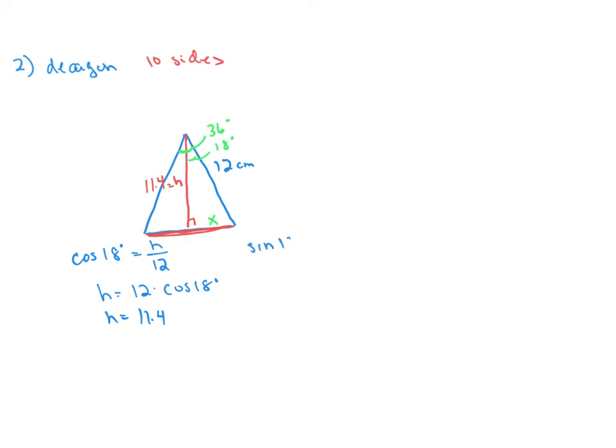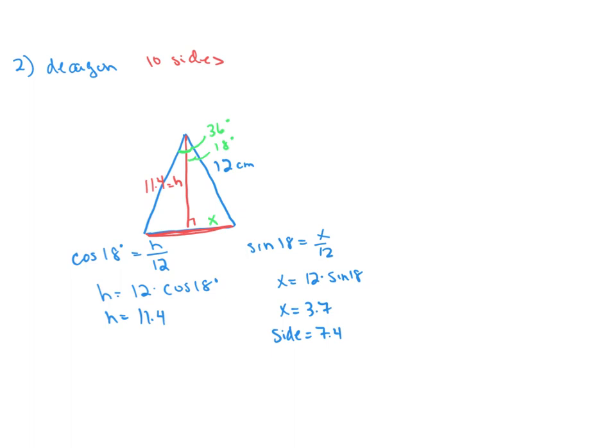So the sine of 18 degrees is x over 12. X is 12 times the sine of 18. So half the side length is equal to 3.7, which means a side is going to be double that, so we multiply by 2, and we get 7.4.